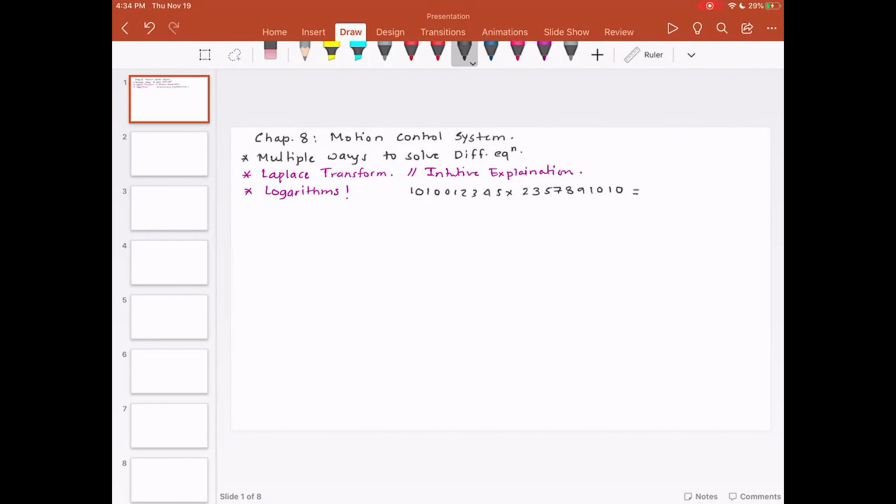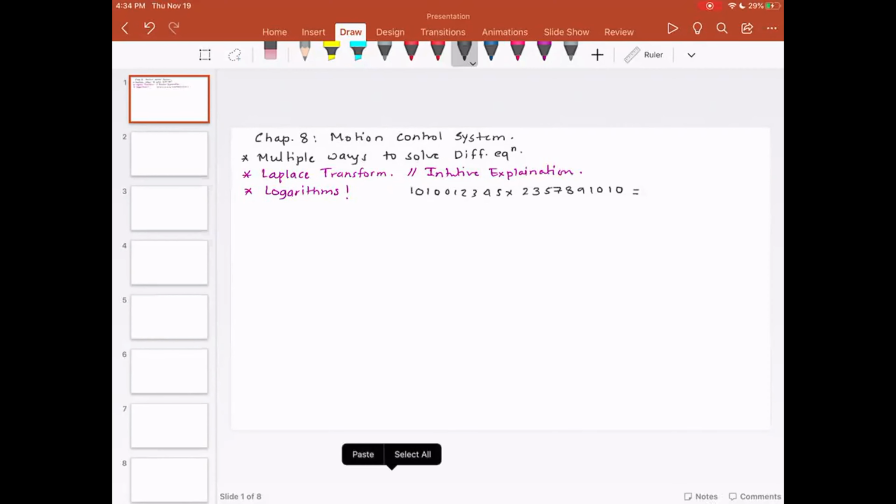Please try to understand, if you have MATLAB or a calculator, this multiplication is probably easier. But think about if these numbers have 15 or 20 digits, and you want to perform the multiplication, it may take some time, but with calculators and computers, this multiplication can be performed.